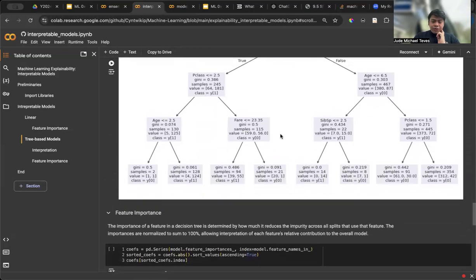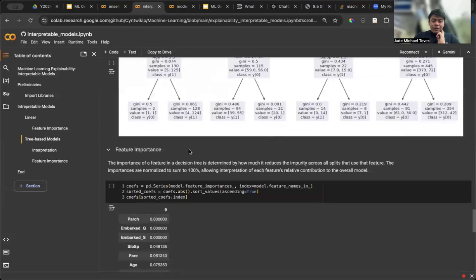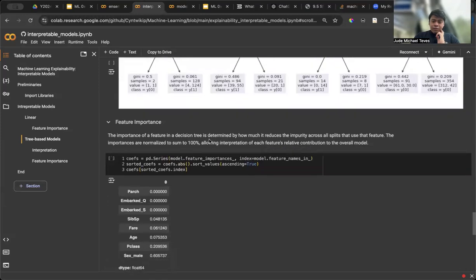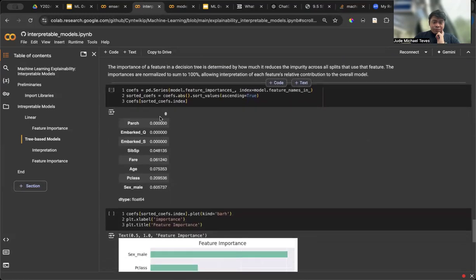And you could also explain this to non-technical stakeholders or audience. So how do we check the feature importance? It is determined by how much it reduces the impurity across all splits that use that feature. And the importances are normalized to sum to 100%.